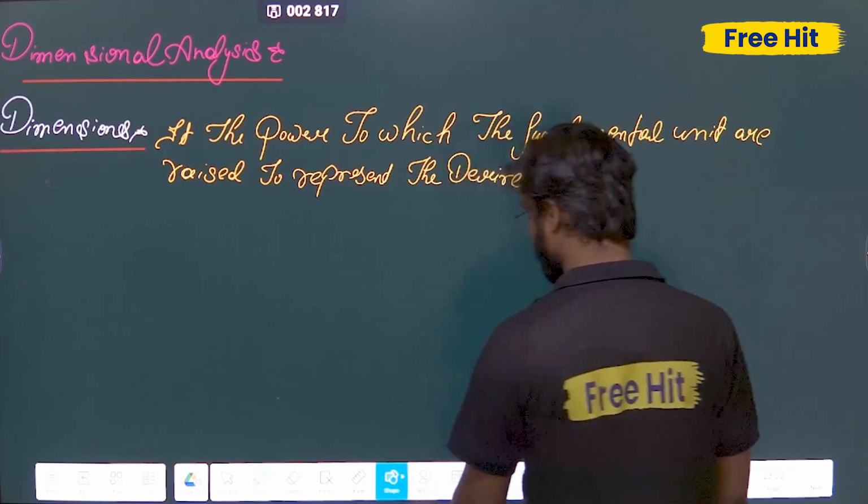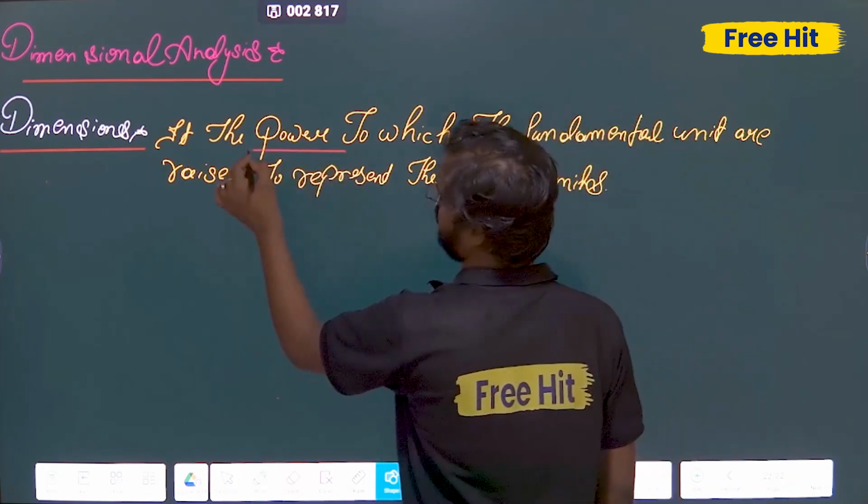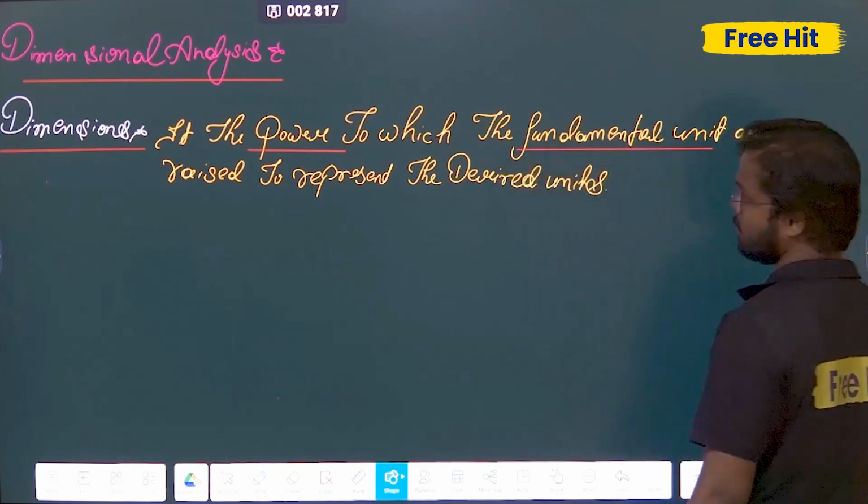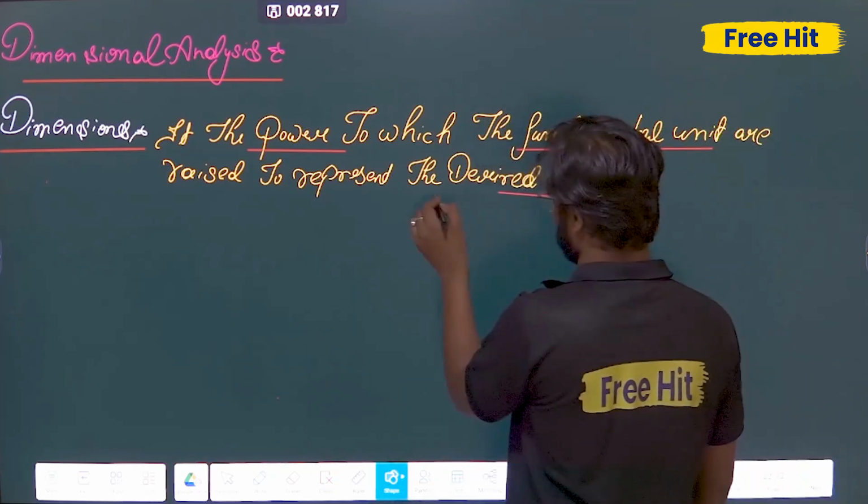Clear? So these are the powers to which the fundamental units are raised to represent the derived units.